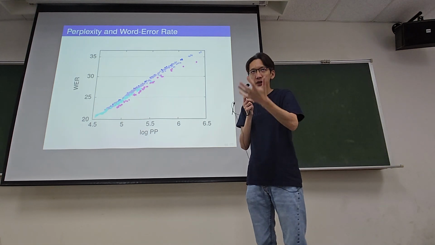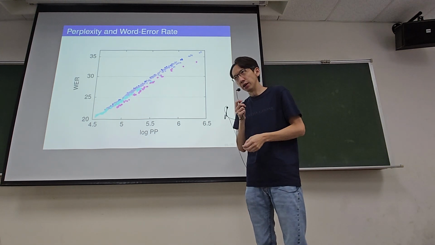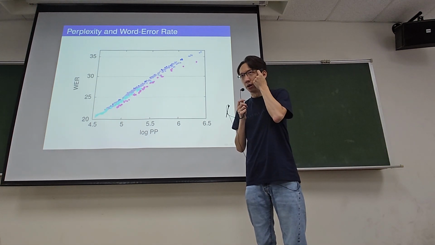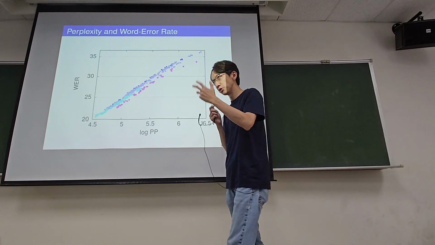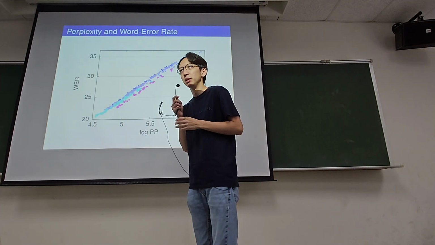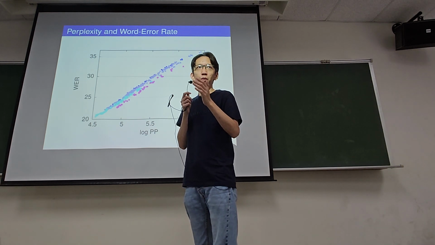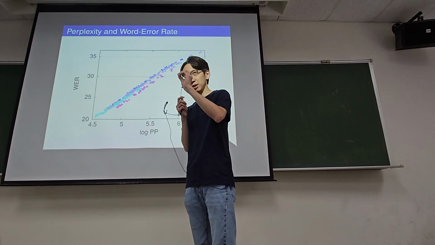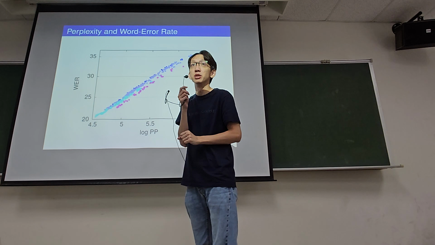Given the data sets and the same kind of language model, the perplexity and the word error rate actually fit quite well. So intuitively, again, the language model regularizes the search space of the acoustic model.